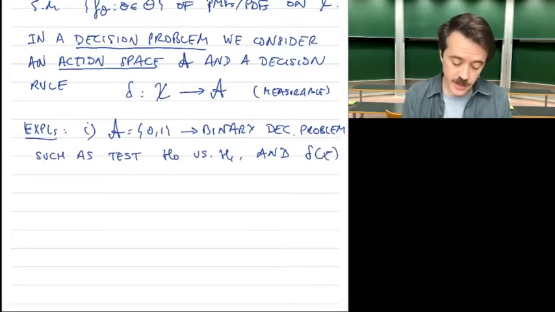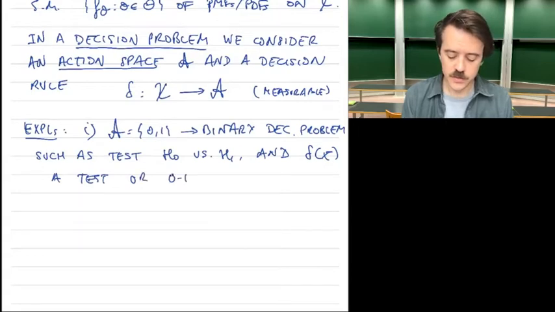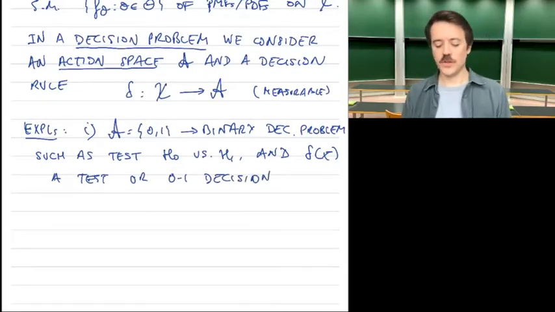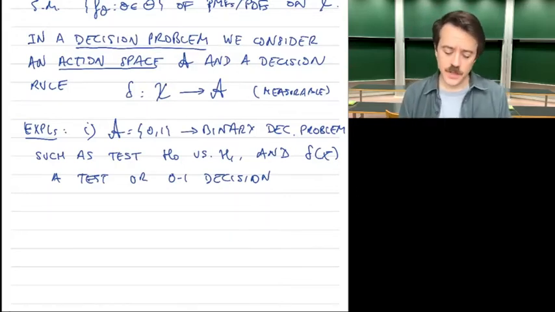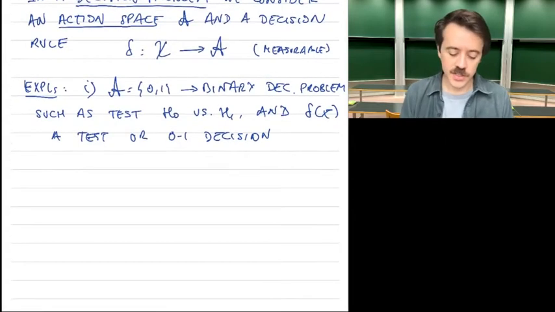So it's going to be a test or 0-1 decision. Because even though it is essentially the same thing as a test, we may not have exactly testing in mind. So it may just be a 0-1 decision.